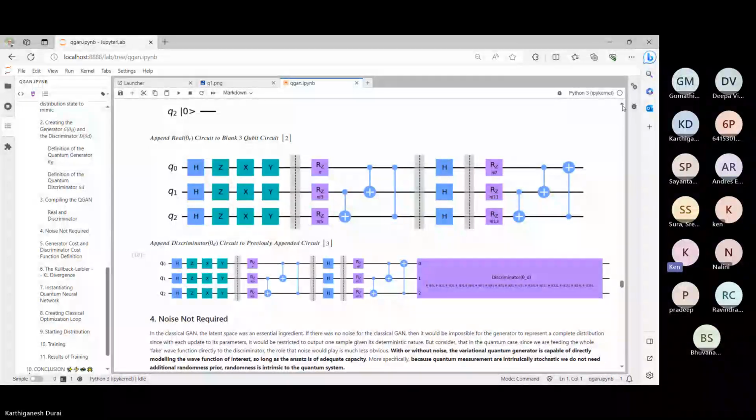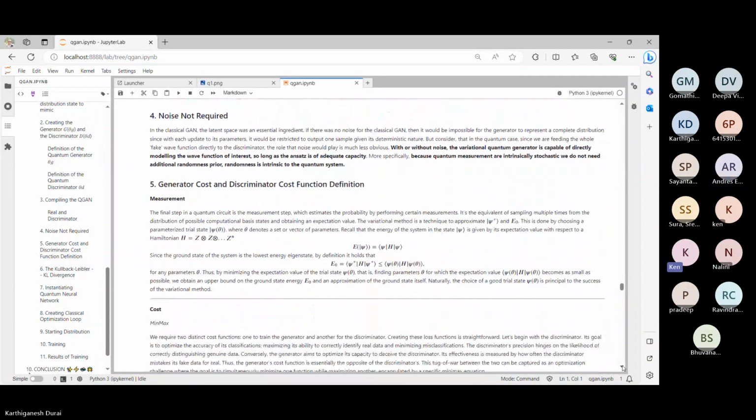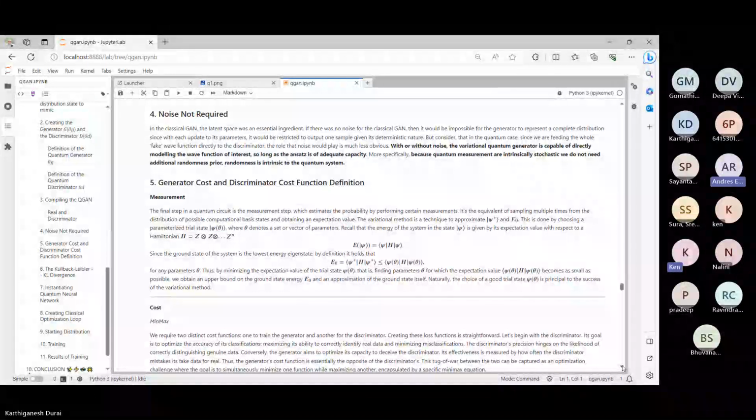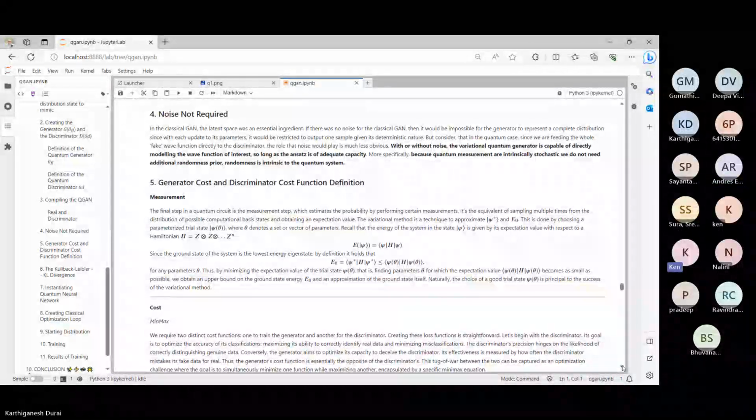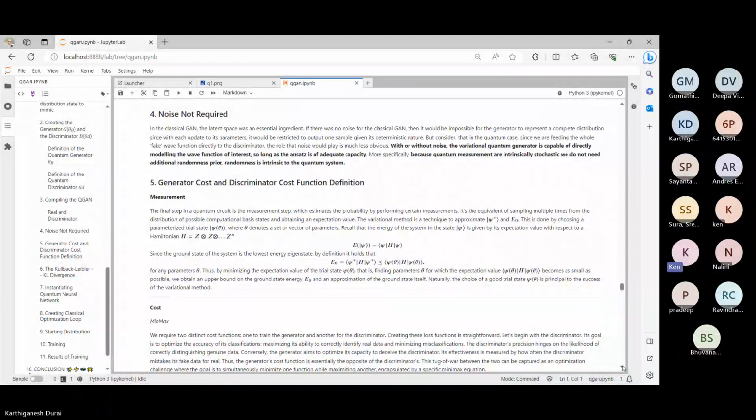Okay, so noise not required. And this is where we would put in our noise vector, but because we're a quantum system, we don't need noise. So with or without noise, the variational quantum generator is capable of directly modeling the wave function of interest, so long as the ansatz is of adequate capacity, meaning if we've designed our ansatz properly.